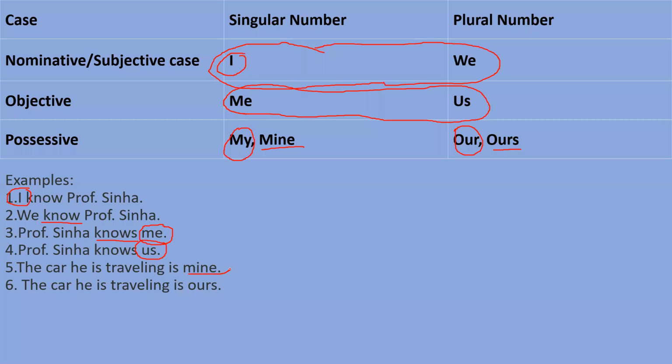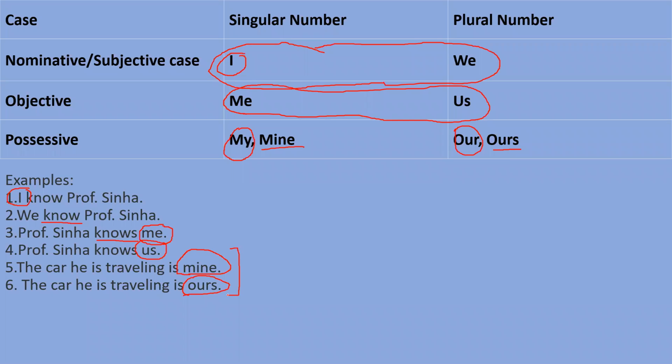By this word mine, I'm showing the possession of I, right? So see the sixth example. The car he is traveling in is ours. By the word ours, I'm showing the possession of us, right? So that's why we can say that these two words are called possessive case pronouns, right?